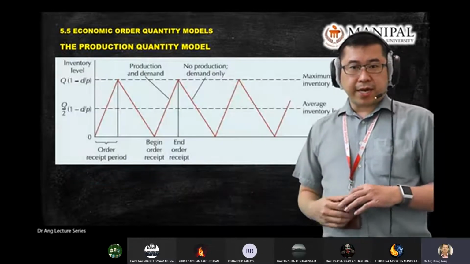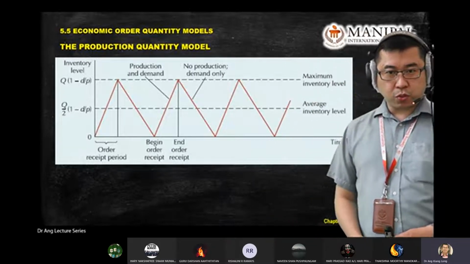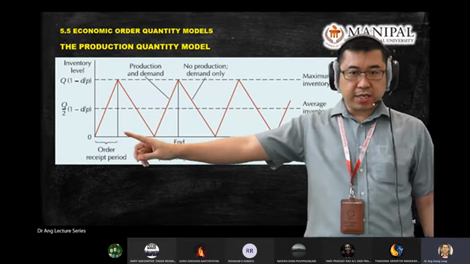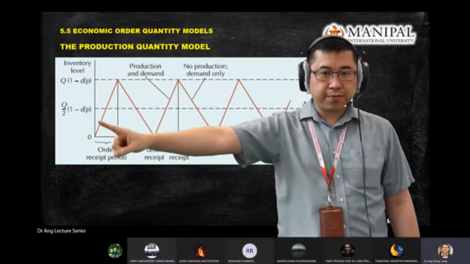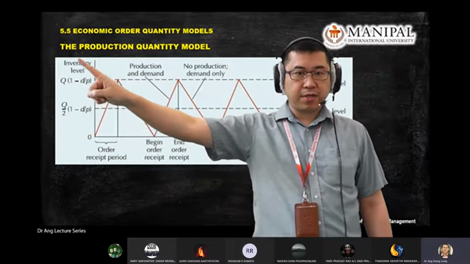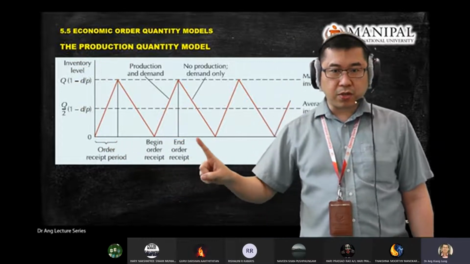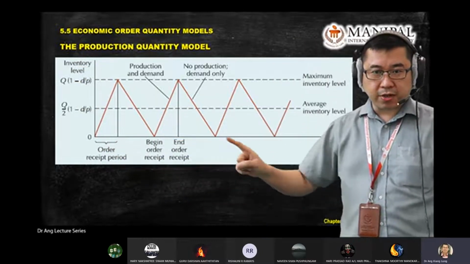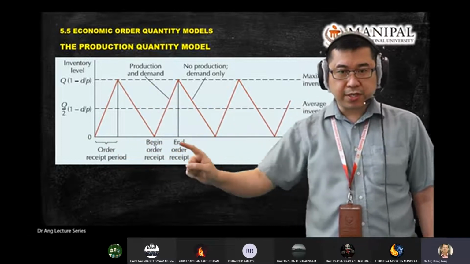Okay, let's look at the graph. You have this graph in your tutorial handouts version 2. The Y-axis is your inventory level, and this one is your time period. So inventory versus time.